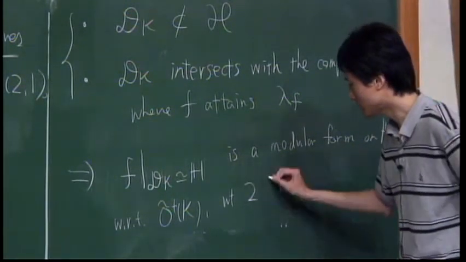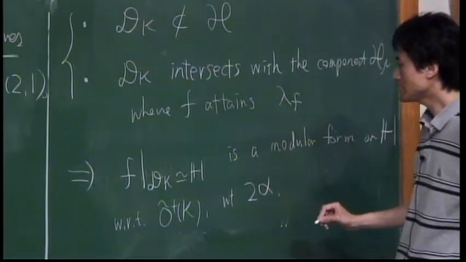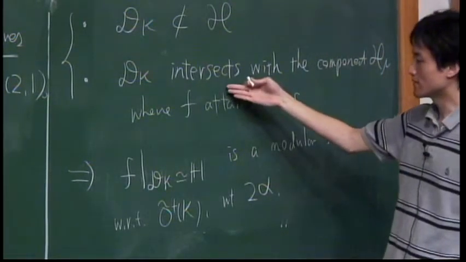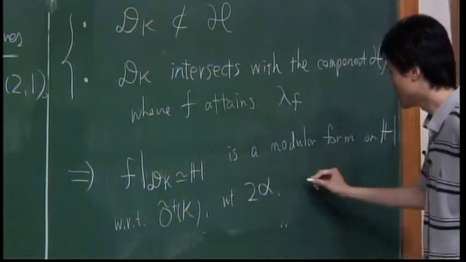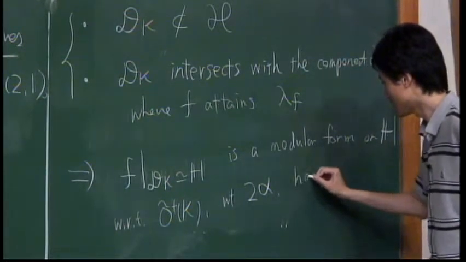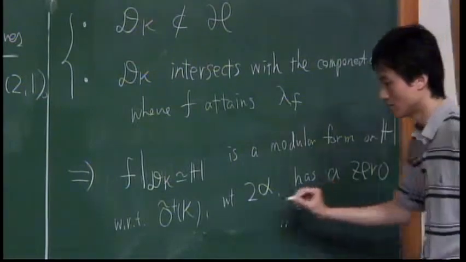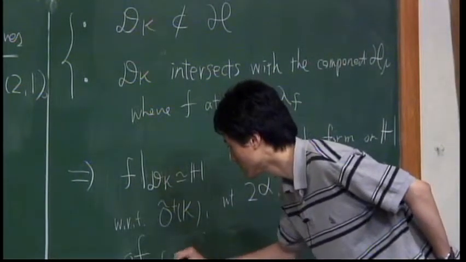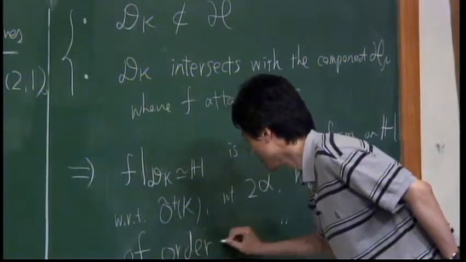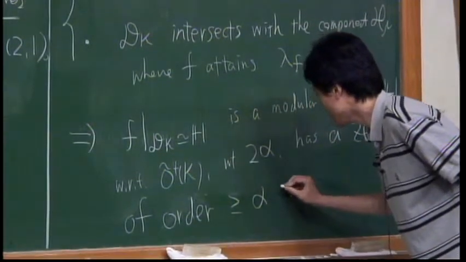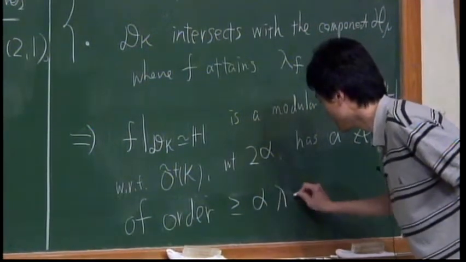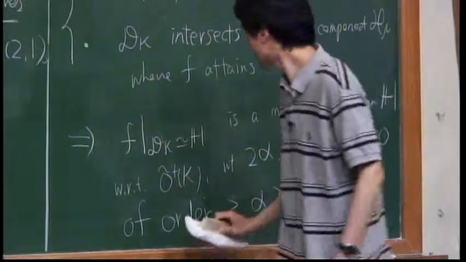So the weight is multiplied, and since this intersects with the component of maximal slope, it has a zero of order alpha lambda f.